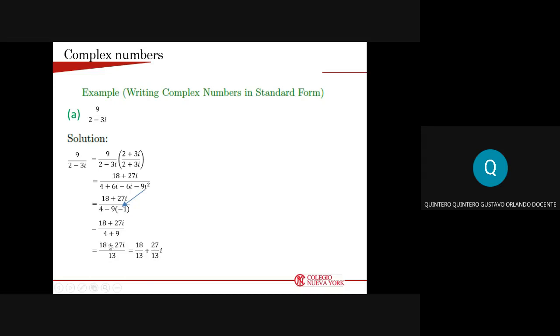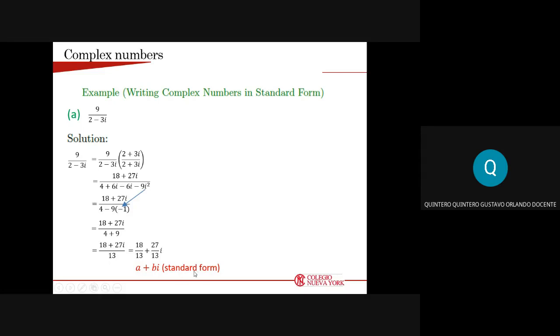The operation in the middle is going to be the same. Excellent. So from here we can know the real part, 18 over 13, and the imaginary part, 27 over 13. This is how you write complex numbers in standard form.